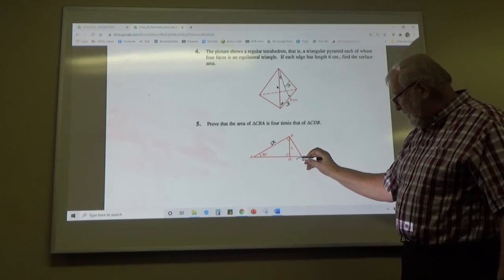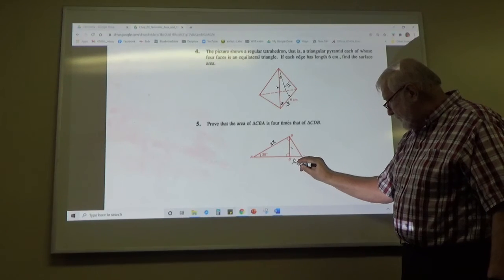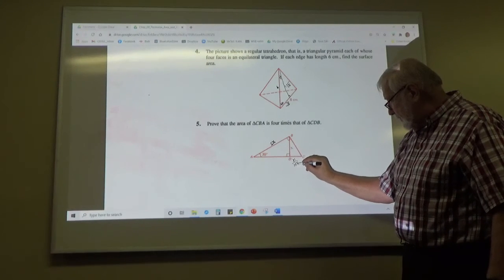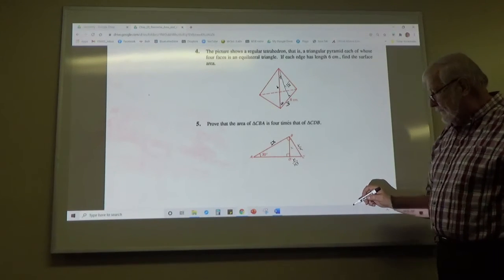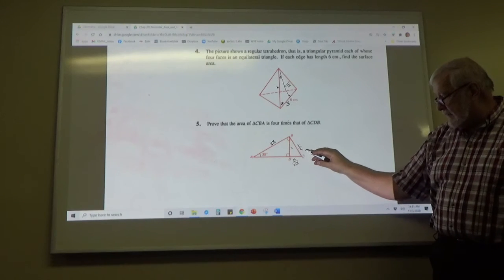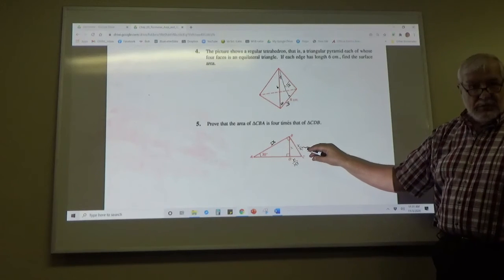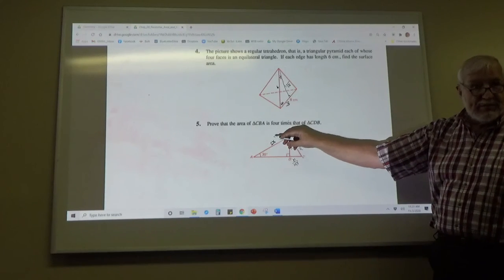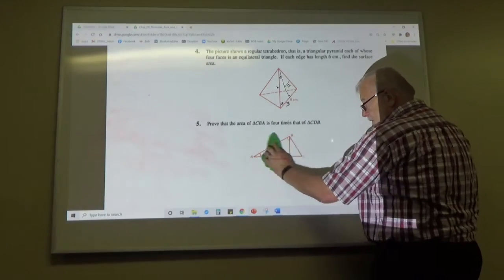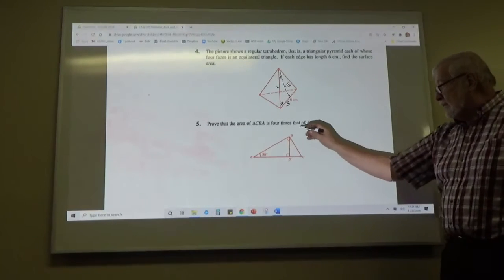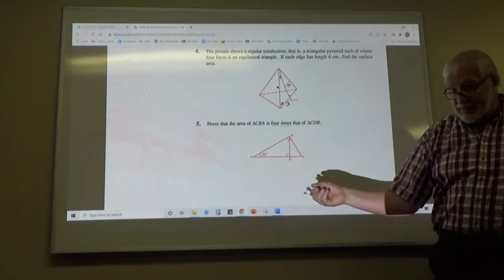This 30 side is here, so this is x over 2 square root of 3, and this becomes x over 2. So we end up with, to get from here to here, you multiply by 2 to get to x, you multiply by 2 to get to 2x, and that is a side of 4. So that's why it's 4 times bigger, because half of a half of a half.